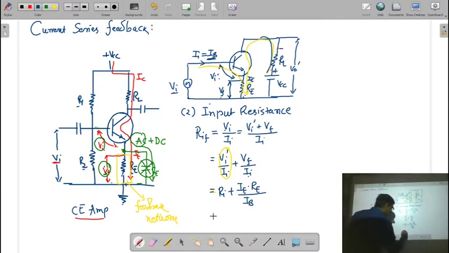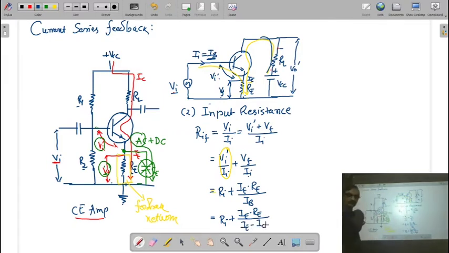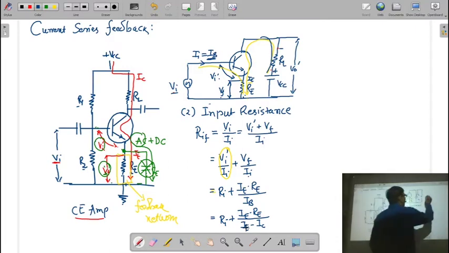And this is equal to RI plus IE into RE by IB. Now the base current in terms of the collector current and emitter current: the base current will be equal to the emitter current minus the collector current, because IE is equal to IC plus IB. So here IB is equal to IE minus IC.